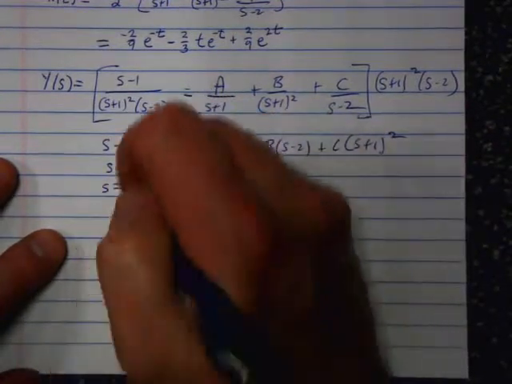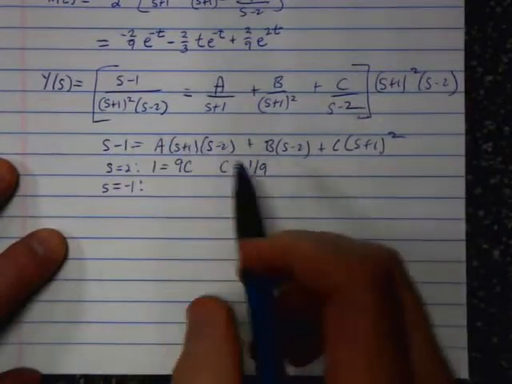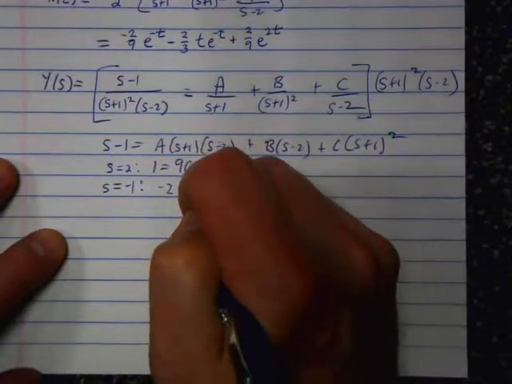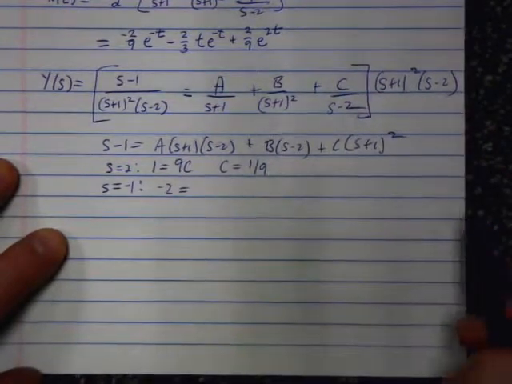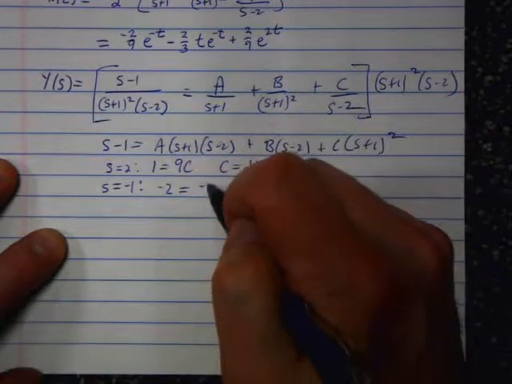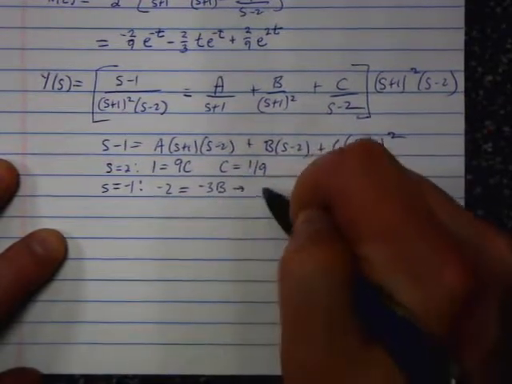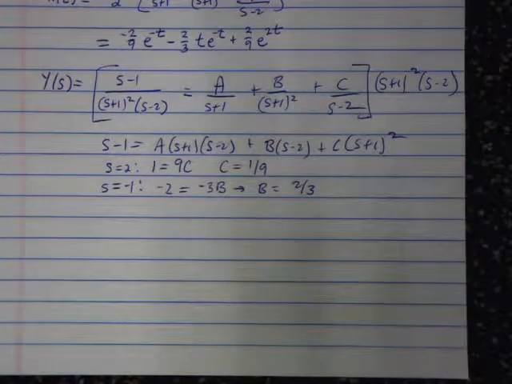No, s equals -1. We already did s equals 2. When I plug in -1, -1 minus 1 is -2. Equals. The a disappears, the c disappears. -3b. So b is 2/3. Almost the same. We had b equals -2/3 before.